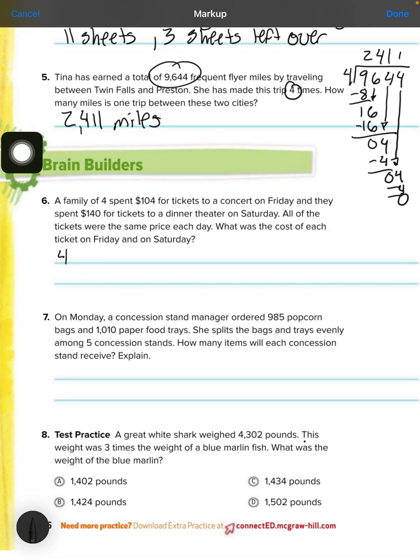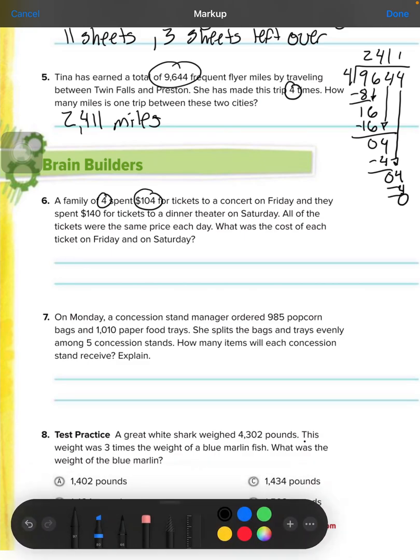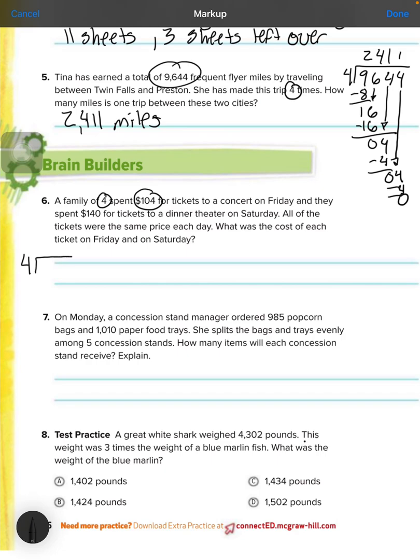So we're going to do 2 different problems. We're going to have 4 that's going to go into 104. Then we're going to have 4 that's going to go into 140. Okay, so this one was Friday, label it, and this one was Saturday.